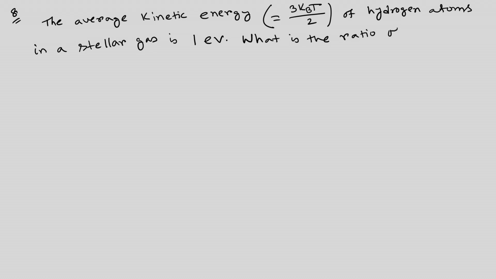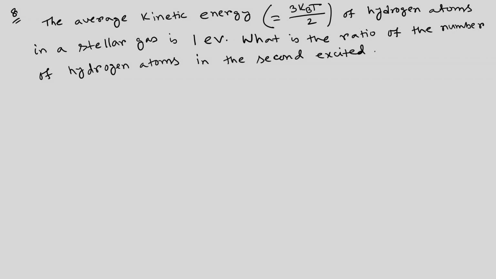What is the ratio of the number of hydrogen atoms in the second excited state to the number in the ground state?